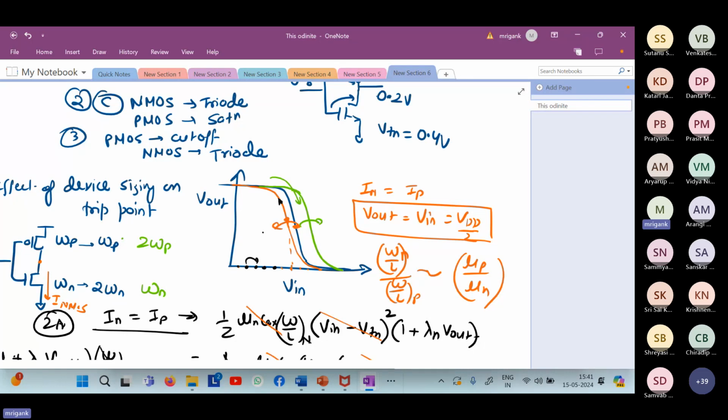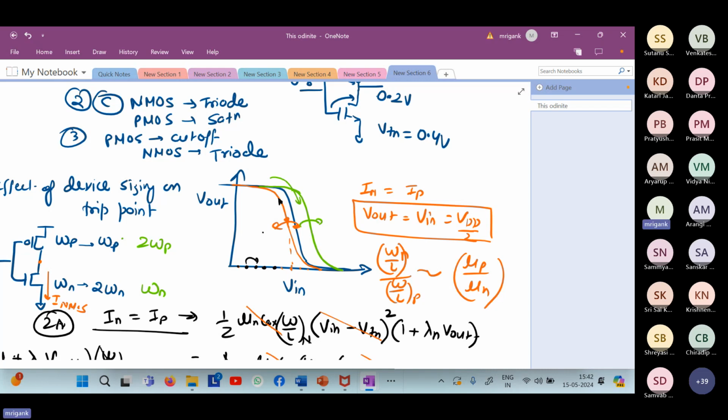Now these are all approximate equations, like all the derivations are done using quadratic equations, which are also approximate in nature. But conceptually, it just tells you that in order to have the trip point close to VDD by 2, I need to have the strengths of the PMOS and NMOS almost equal, right? That means the R on P and R on N should be almost equal.